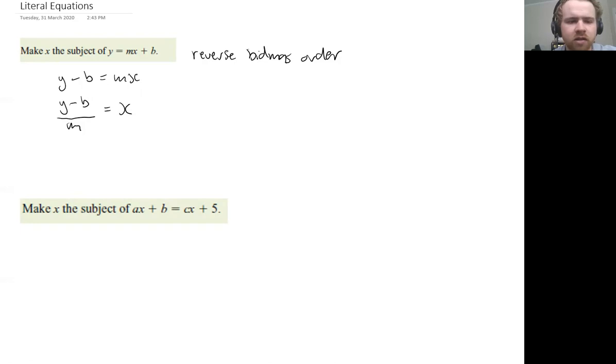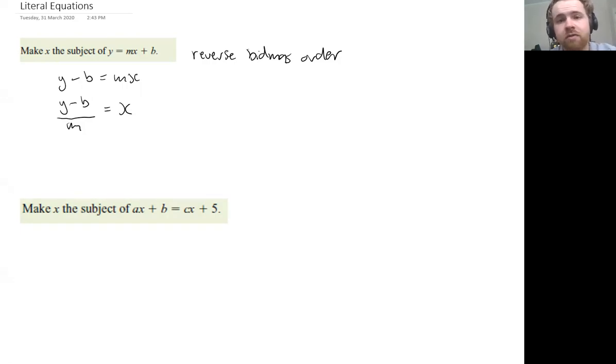We're going to look at a different example here. Make x the subject of ax plus b equals cx plus 5. So the first issue that we see here is we've got x on both sides of this equation. We can't just rearrange it and make one of them on their own because we've got x's on both sides.